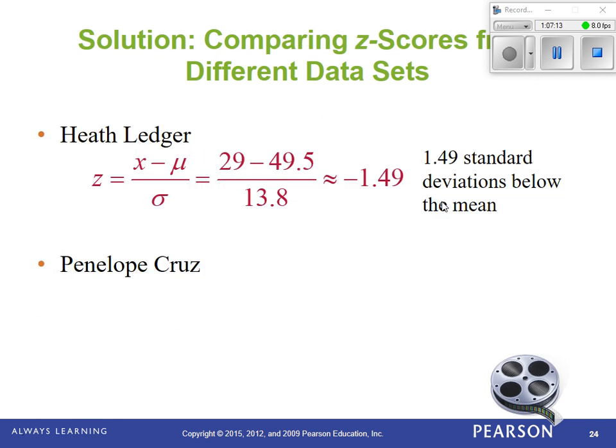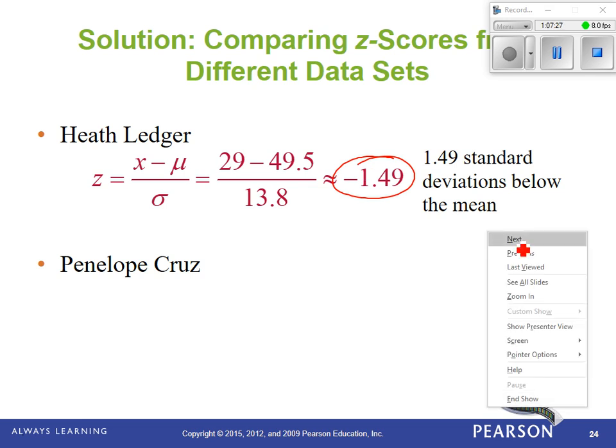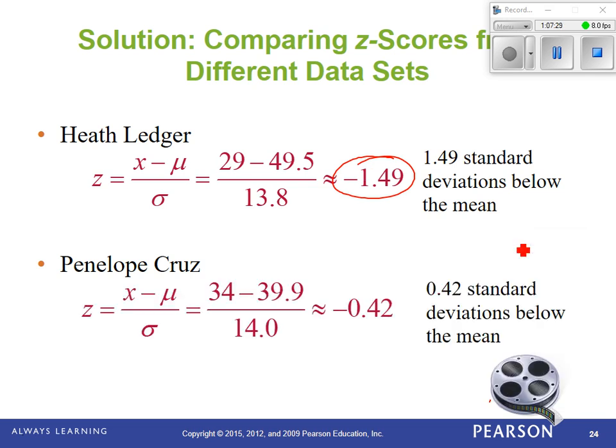So for Heath Ledger, I put all these numbers in there and I found his Z-score. His Z-score was negative 1.49. For Penelope Cruz, hers was negative 0.42, so 0.42 standard deviations below the mean. And we're going to compare them.